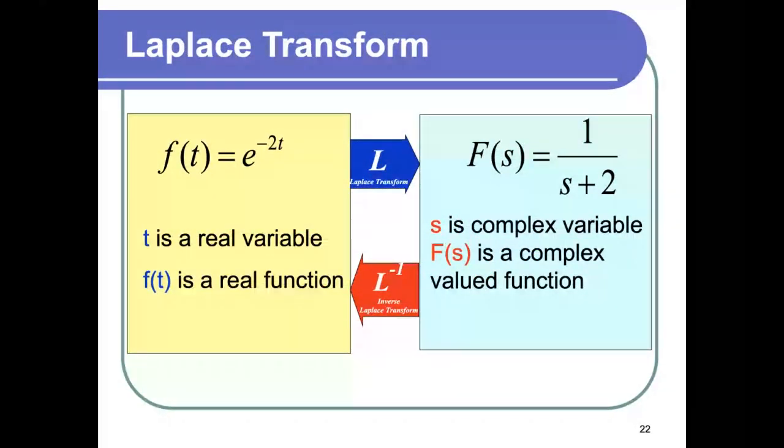So, some distinctions. If I have a function of time and I use the Laplace transform, it becomes a function of s, where s is a complex variable. So we go from a real variable to a complex variable, and from a real function to a complex valued function. Now, if we do the inverse Laplace transform, we go back to the original function.